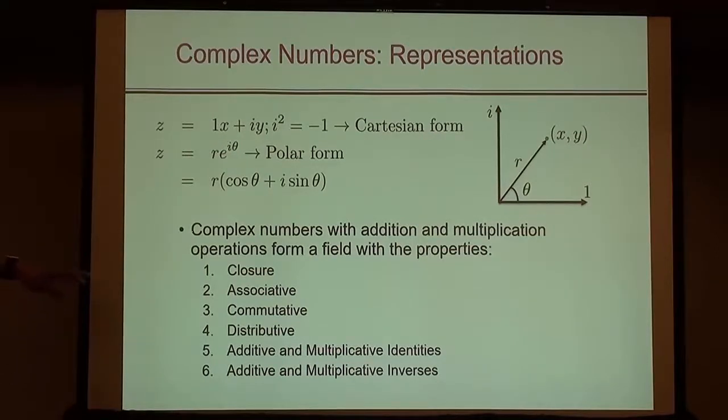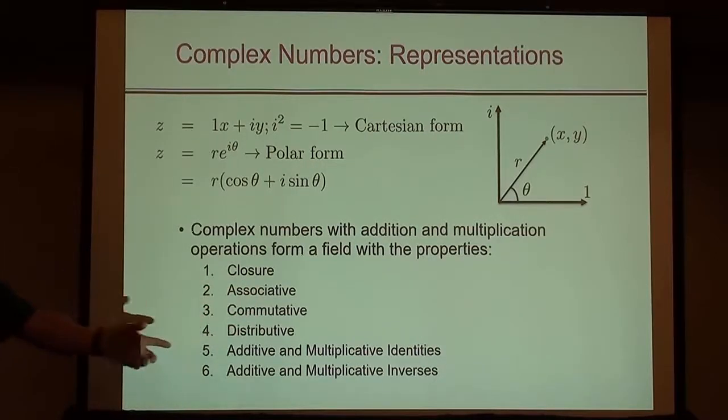Then the complex numbers form an algebra, so they satisfy the conventional rules that we have. Closure means if you add two complex numbers, the result should be a complex number of the same type. Associative means if you have three complex numbers, you could add any two of them first and the last one third, and it's not going to change; the order with which you add them doesn't affect the end result.